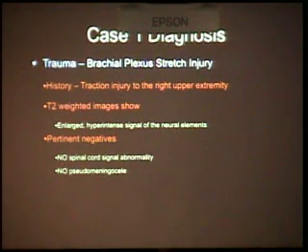So it's kind of subtle. You're just looking for subtle differences in signal on cases like this. This is a stretch injury. Luckily for the kid, he didn't have a pseudomeningocele or a preganglionic injury, so he has a high probability of good recovery. But cases like this, you're just looking for subtle differences in the T2 weighted images.